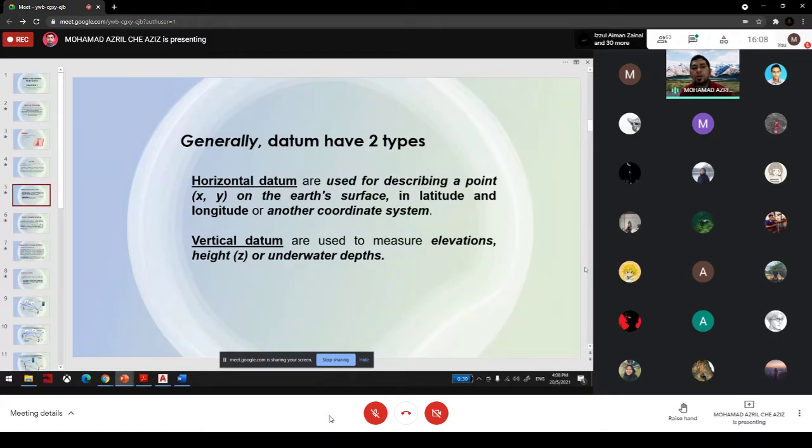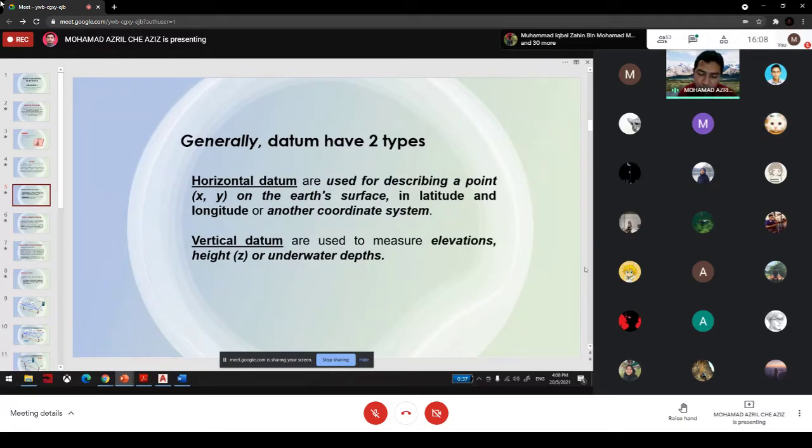Okay, so for example, vertical datum. In engineering, what do you know about vertical datum? Now you have already entered chapter number 2 in your engineering class. Leveling, sir.